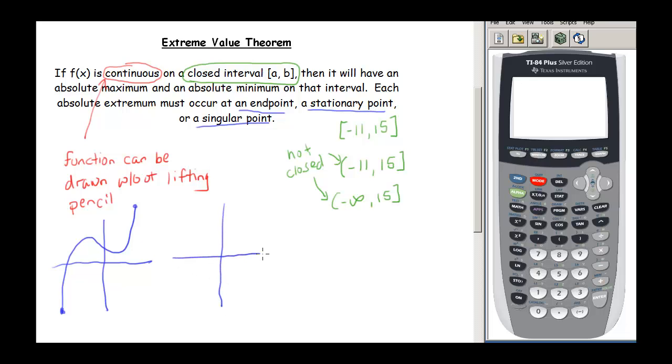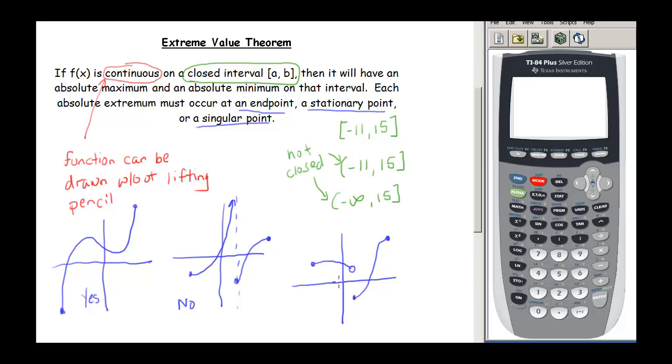Here's an example of something that's not. Maybe our function does something like this. So it is not continuous here where I have this vertical asymptote because it zooms off towards infinity there. Here's another example of something that's not continuous. So here we have a big break in our function.